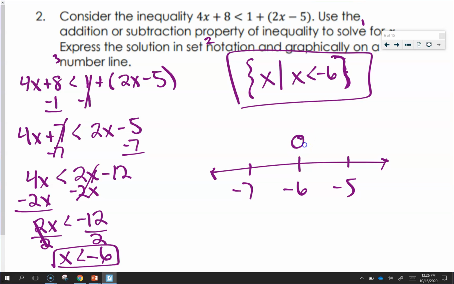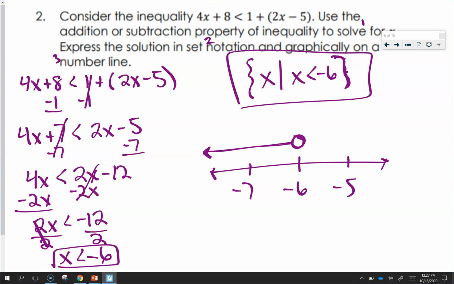So open dot. And am I going to shade my graph to the left or to the right? If I want to go smaller. To the left. Good. These are getting smaller. Right? And on my x-axis, isn't that true? The left side is getting smaller, the right side is getting bigger. That's what the number line is. The number line is the x-axis.